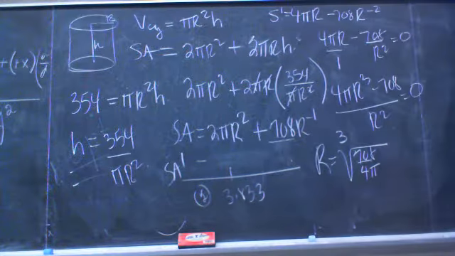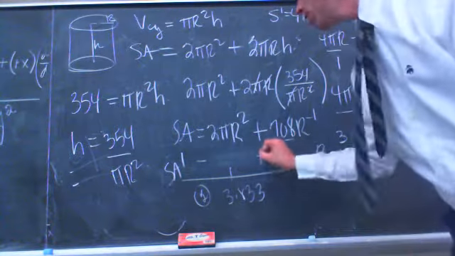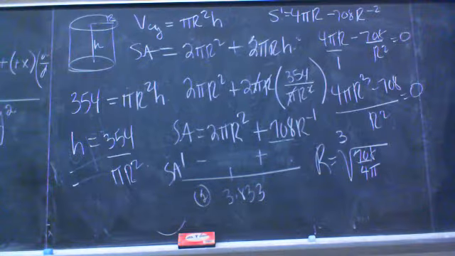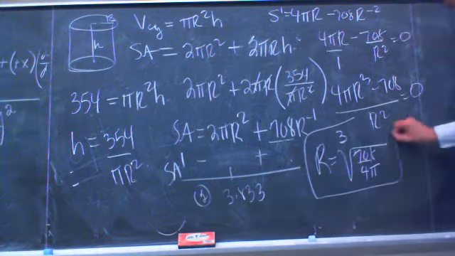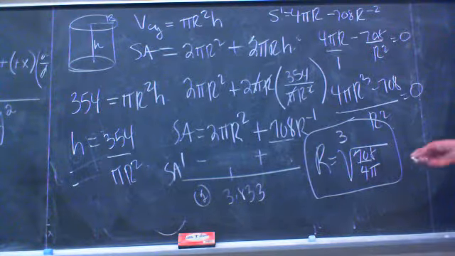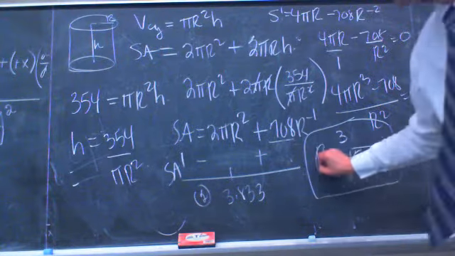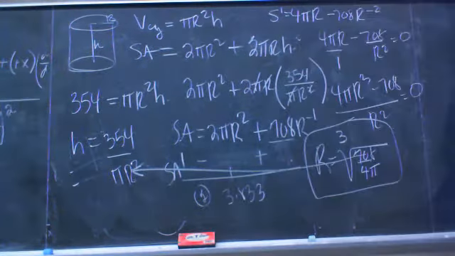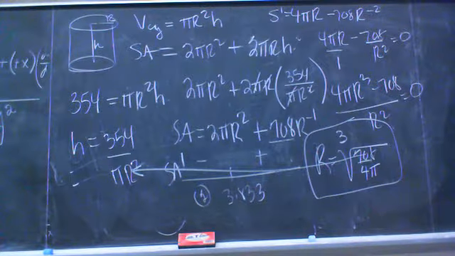And if you pick, say, 5, you'll get a positive. So where's the minimum at? When r equals the cube root of 708 over what? And where will we put that to find h? Right there. We'll find h by putting that back in. That's just easy algebra from there.